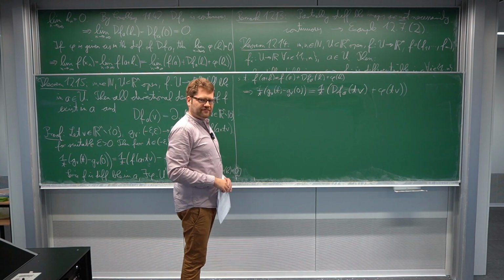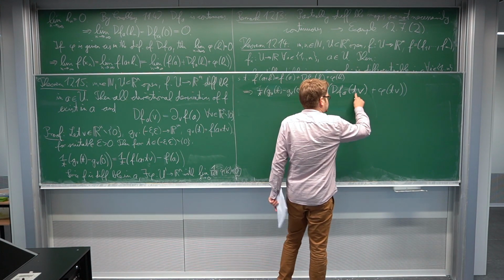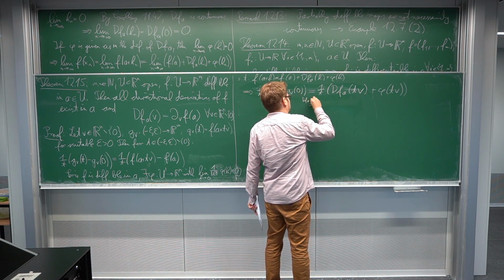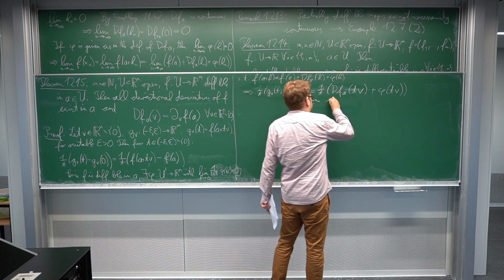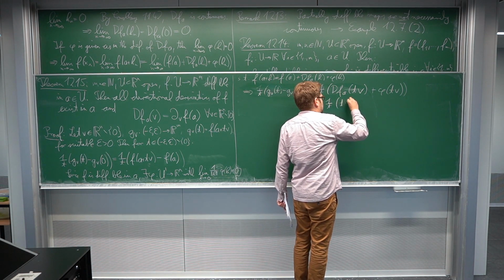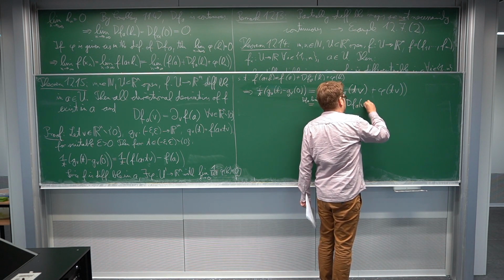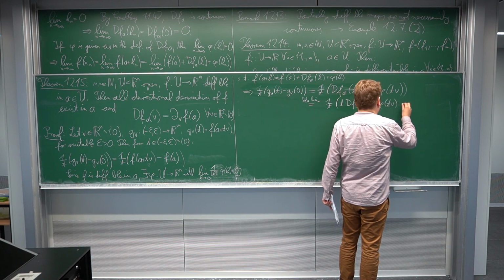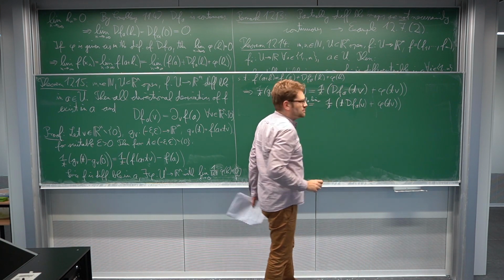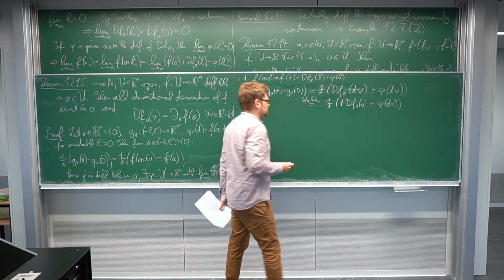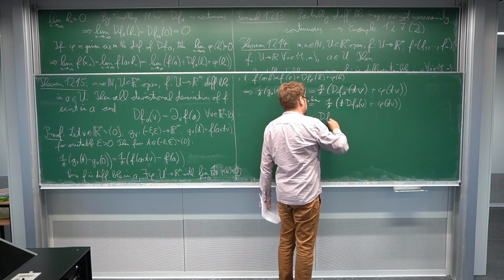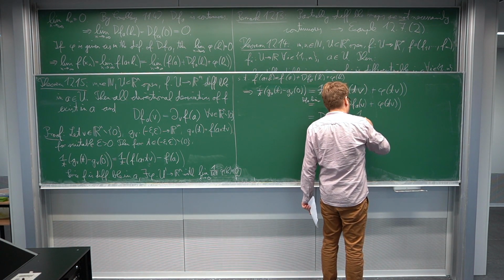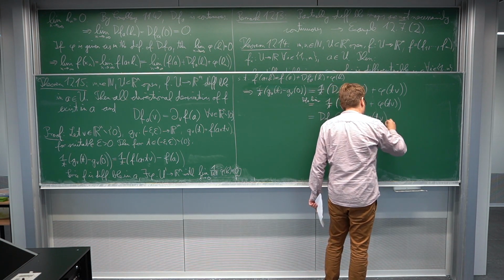Now, dfa is a linear map. Here we have a scalar inside, so by linearity we can move this outside. This means this is 1 over t of (t times dfa of v plus phi of tv). Then in the first summand the two t's cancel each other out. So this is the same as dfa of v plus 1 over t times phi of tv.